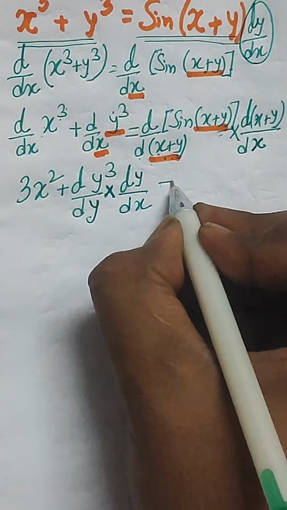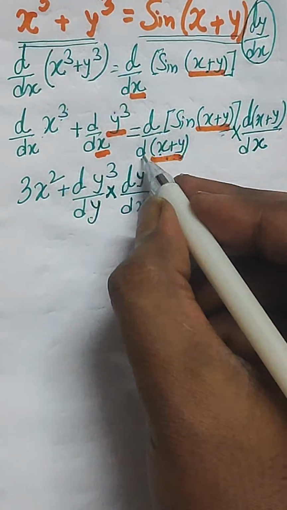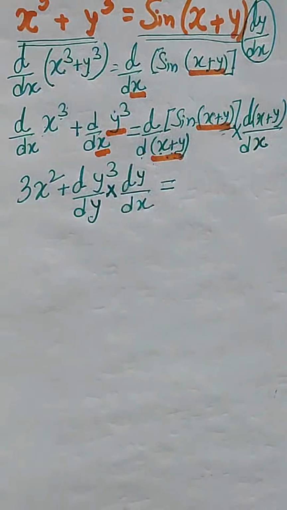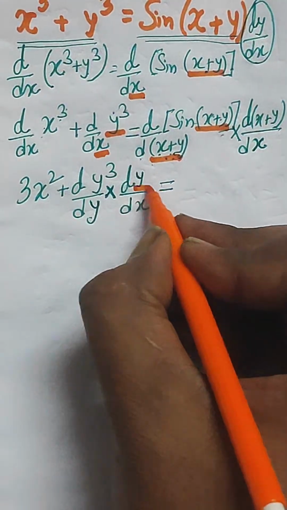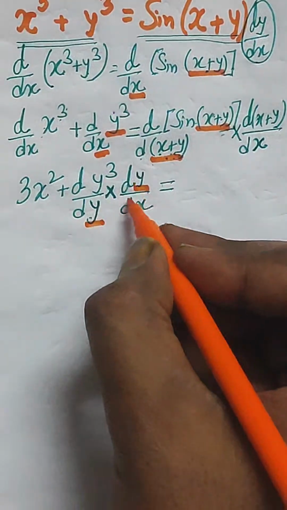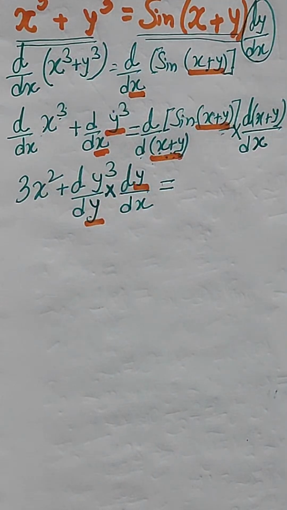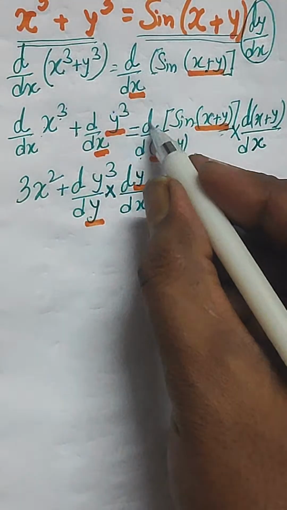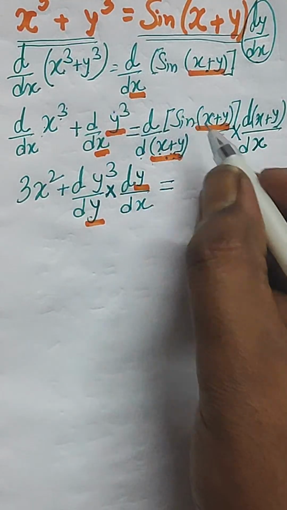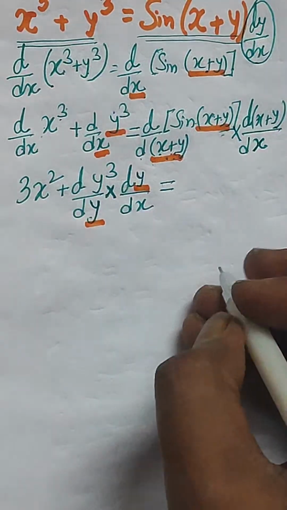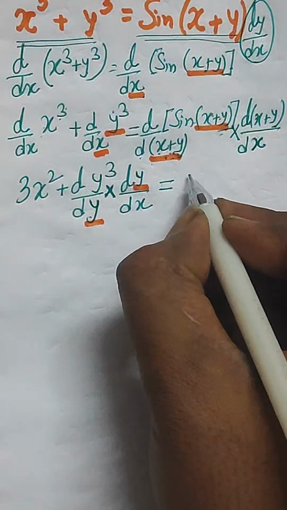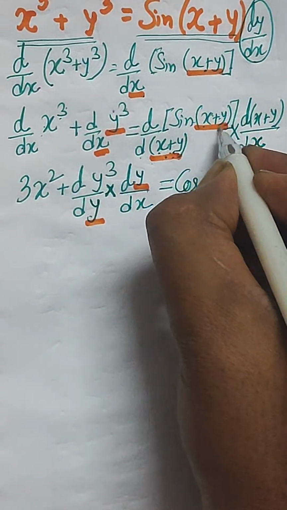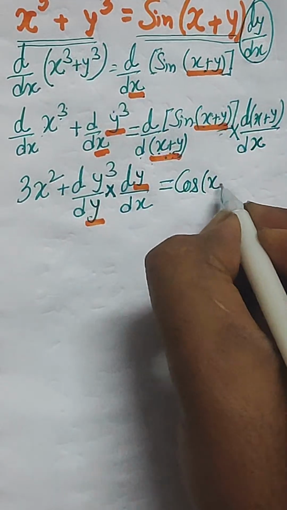And on the RHS we have d by d(x plus y) of sine of x plus y. We already did this at the earlier stage. Now, what is the differentiation of sine x? It's cos x. So simply write cos, and instead of x it's x plus y, so it will be cos of x plus y.